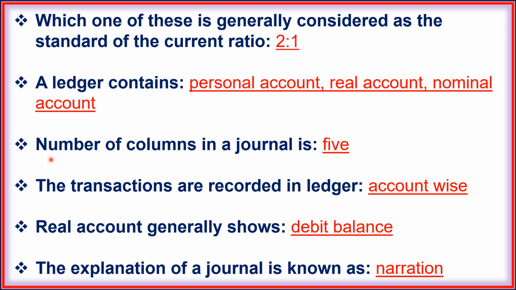Next, number of columns in a journal is 5. Next, the transactions are recorded in ledger account wise. Next, real account generally shows debit balance. Next, the explanation of a journal is known as narration.